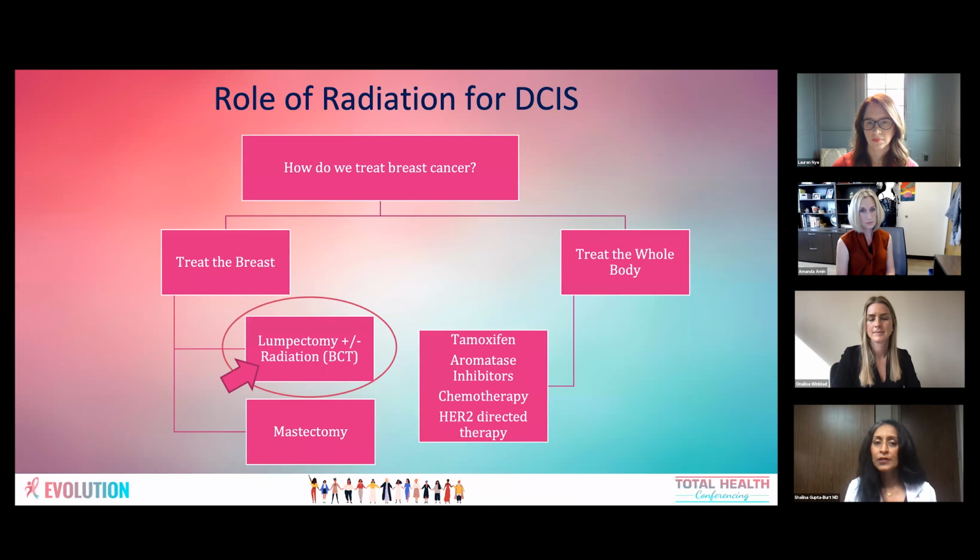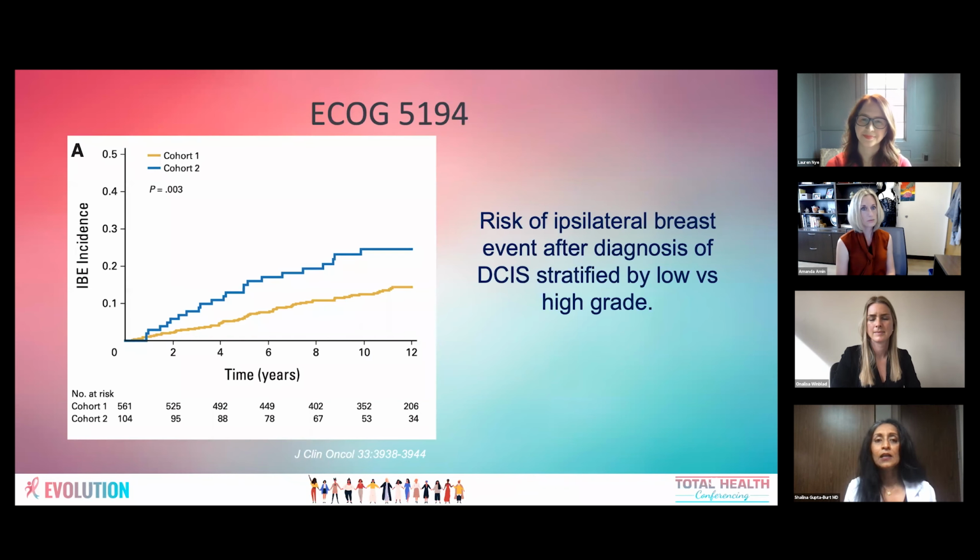And so if we go to the next slide, a couple of trials have approached this subject. So the ECOG 5194 was developed specifically to select out certain patients that we could do a lumpectomy alone without the need to do radiation. And so they looked at what we would refer to as good risk patients.